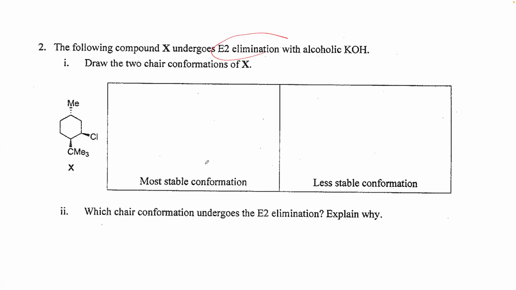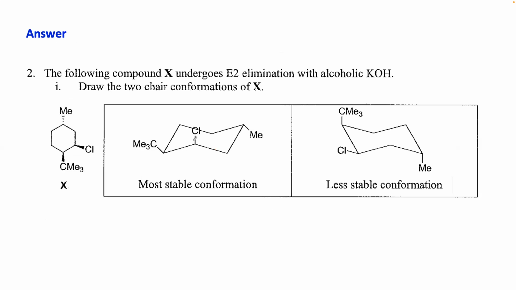How to find the most stable conformations, the same thing. You draw the 2 chair conformations and attach your substituents with the right stereochemistry, and then you can figure out the most stable conformation very easily, just by considering the less steric clash.